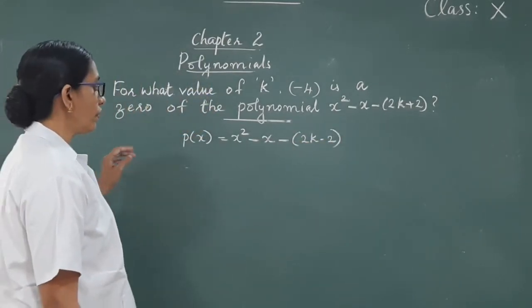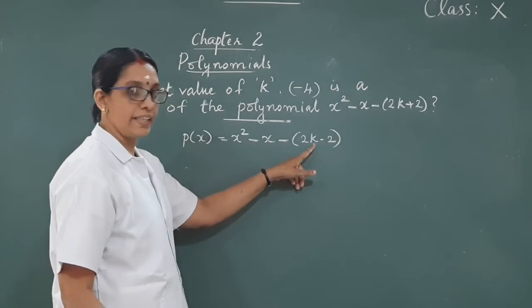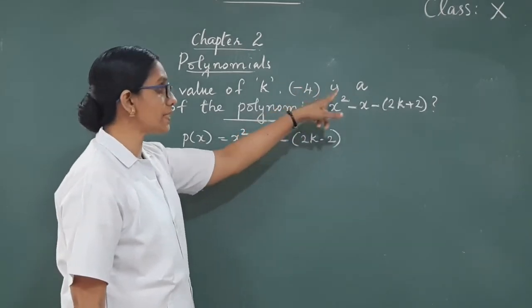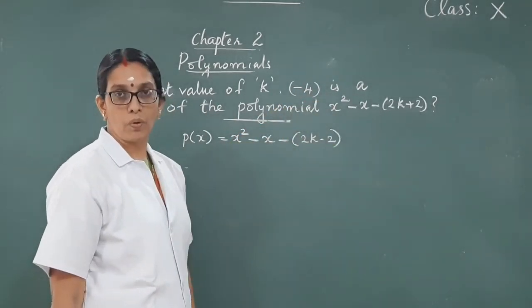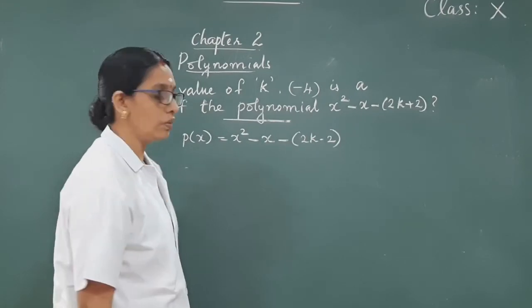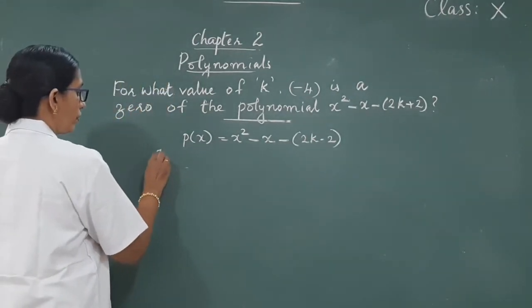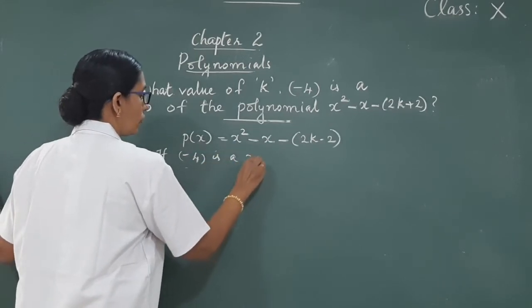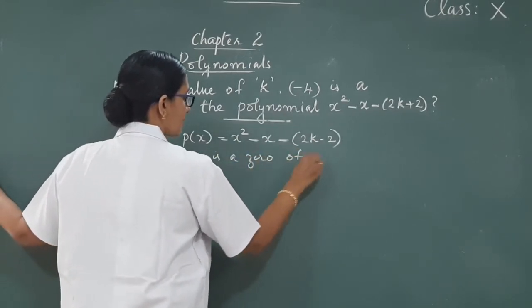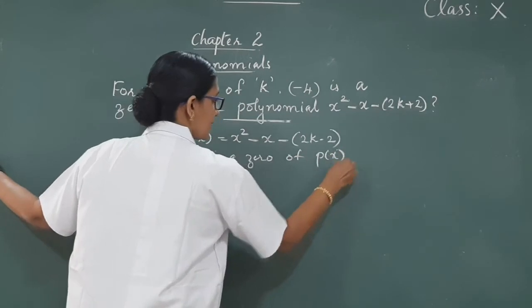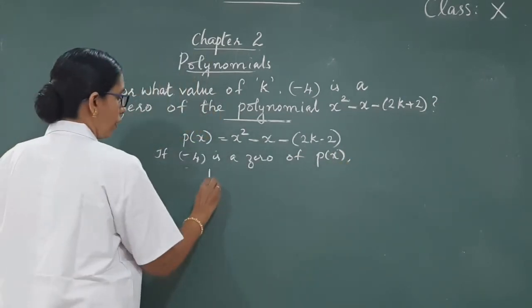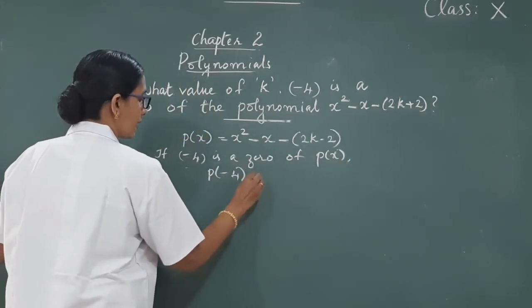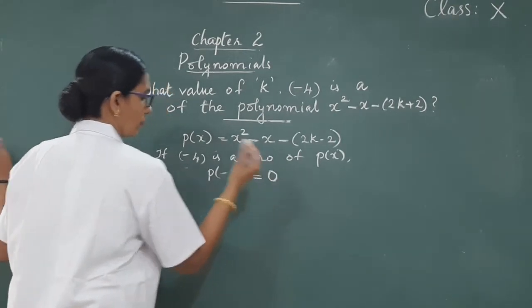We have to find out the value of k. It is given minus 4 is a zero of this polynomial. Okay. So if minus 4 is a zero of p(x), then what can we say? P of minus 4 is equal to 0.